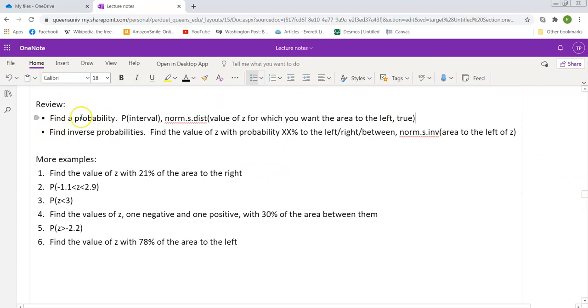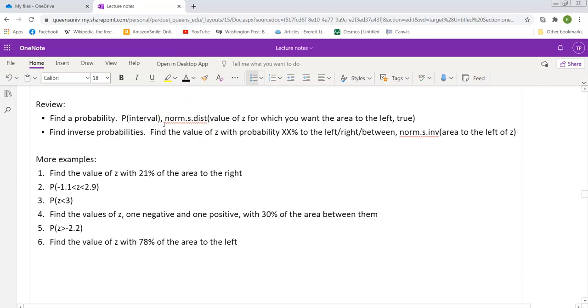But the hardest part for a lot of people is just figuring out which of these formulas do I use. Okay, but once you look at it this way, it should be pretty clear. So for these that you're looking at, the ones that are asking you for a probability, that's going to be number 2, number 3, and number 5. So on 2, 3, and 5, you're going to be using NORM.S.DIST.